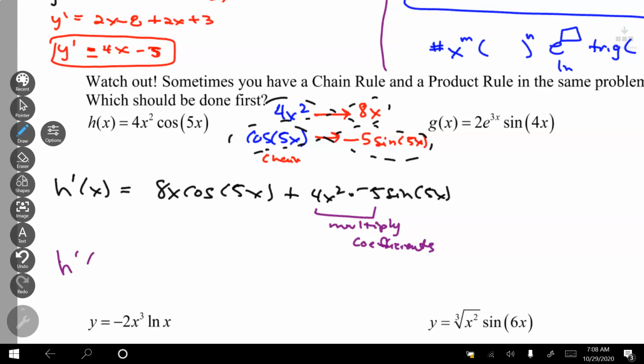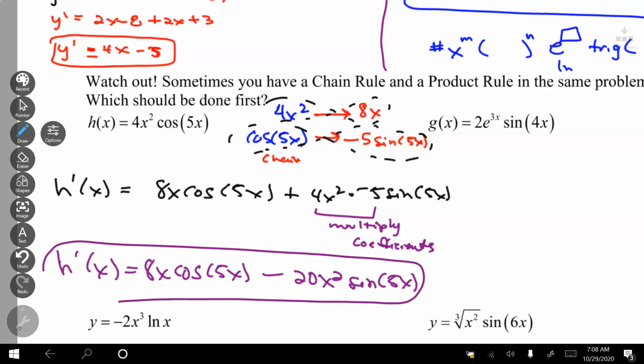So I really get h prime of x is equal to 8x cosine of 5x minus 20x squared sine of 5x. You need to multiply things out. Okay? Numbers multiply each other, called coefficients.